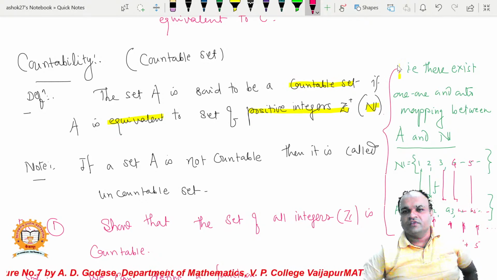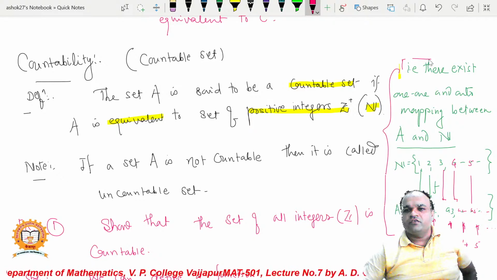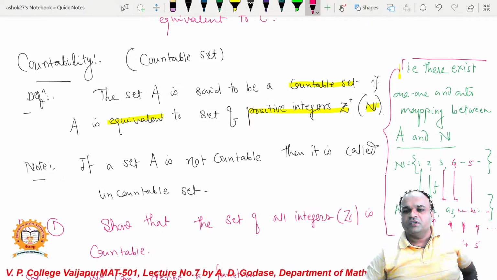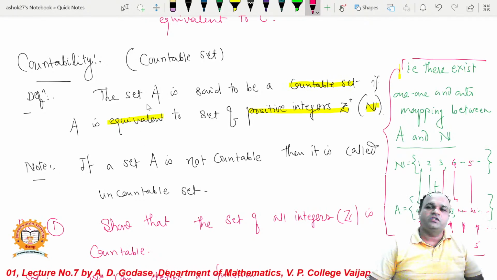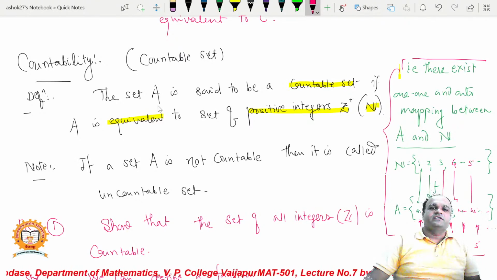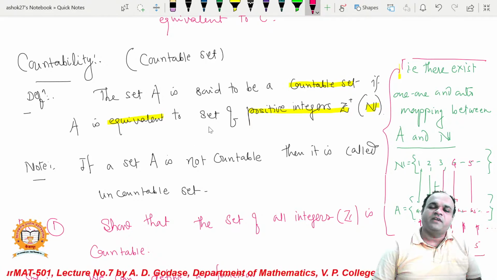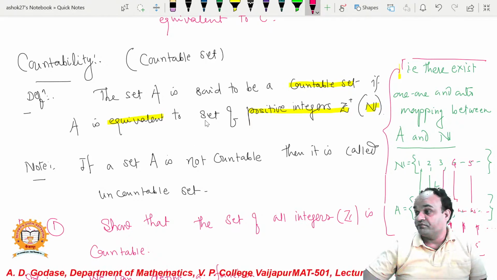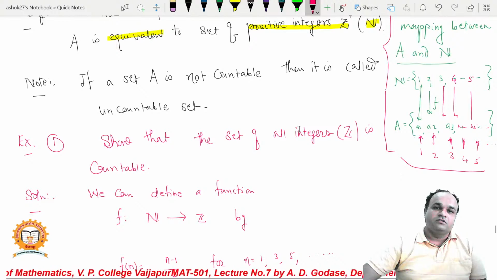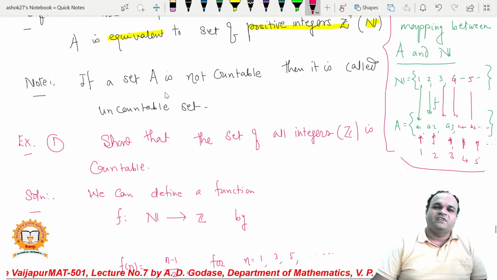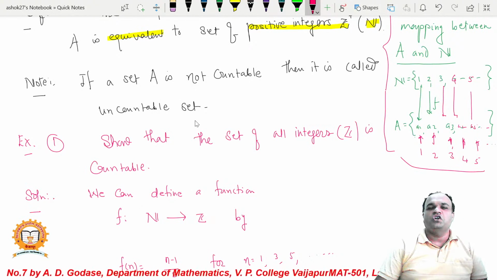So you can observe the equivalent meaning of countability. The definition is: set A is said to be a countable set if A is equivalent to the set of natural numbers or the set of positive integers. You can write this note. If a set A is not countable, then it is called an uncountable set.